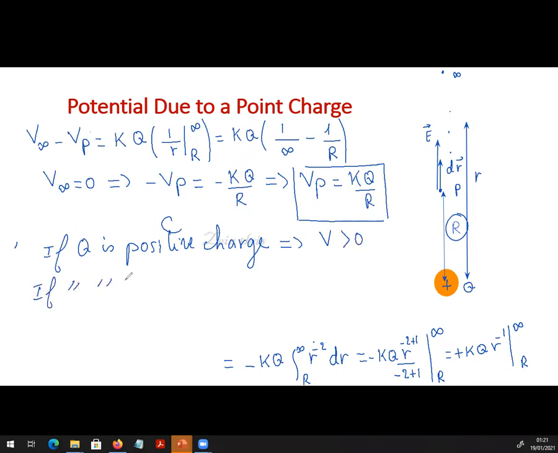If Q is a negative charge, V must be negative. We can say the negative charge will create a negative electric potential, and the positive charge will create a positive electric potential.